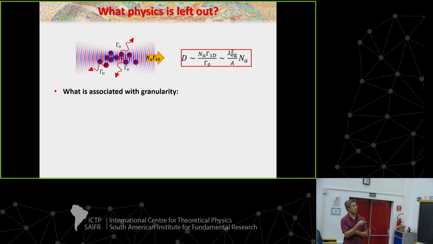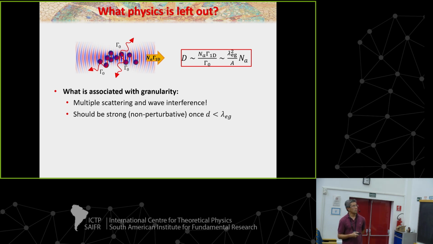And so it's clear that what's left out is the granularity of atoms, the fact that they're point-like scatterers, which have to sit somewhere. Even from classical optics, you can start to guess what you're throwing out in the standard theory, which is multiple scattering and wave interference. That's not a particularly deep statement. Anyone in classical optics knows that if you have point-like scatterers, you can have multiple scattering.